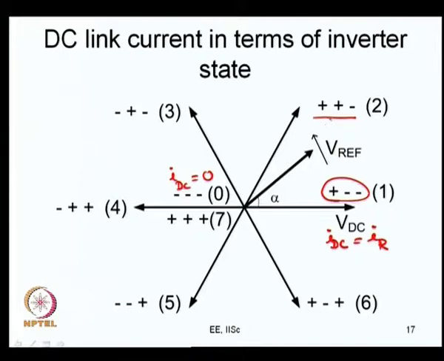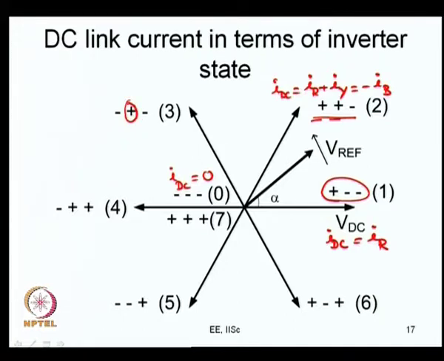What happens when you are talking of the inverter state plus plus minus? SR is 1, SY is 1, SB is 0. Therefore, IDC equals IR plus IY, which is also equal to minus IB. So, when the inverter state applied is plus plus minus, inverter state 2, then IDC is equal to minus IB. Let us do a similar exercise for 3.